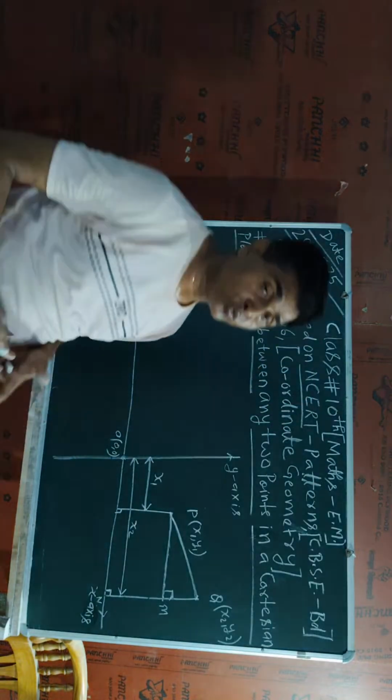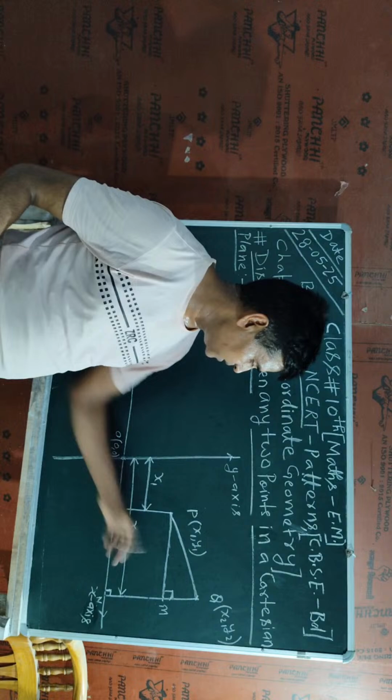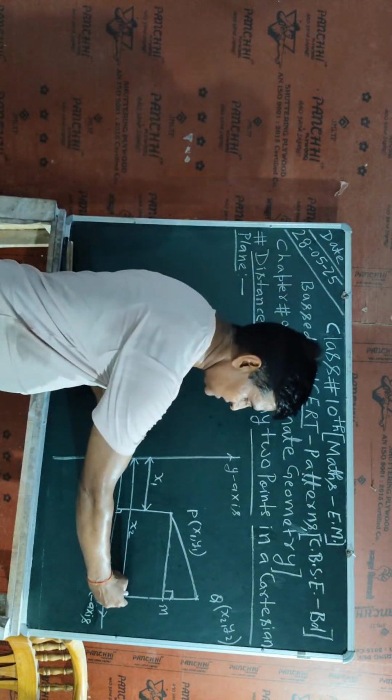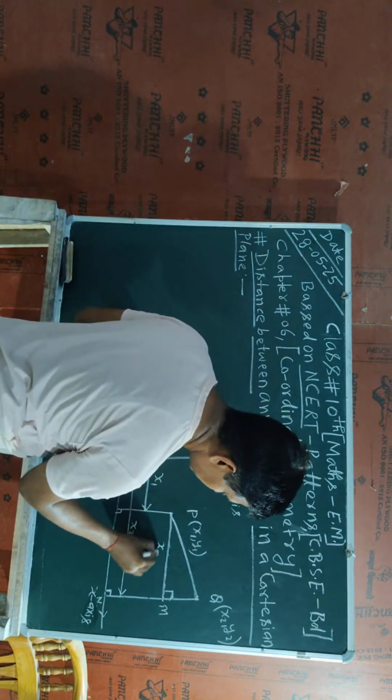Now we have to consider the value of PM. What will be the value of PM? I will take the total distance, x2 minus x1. So this distance will be x2 minus x1.